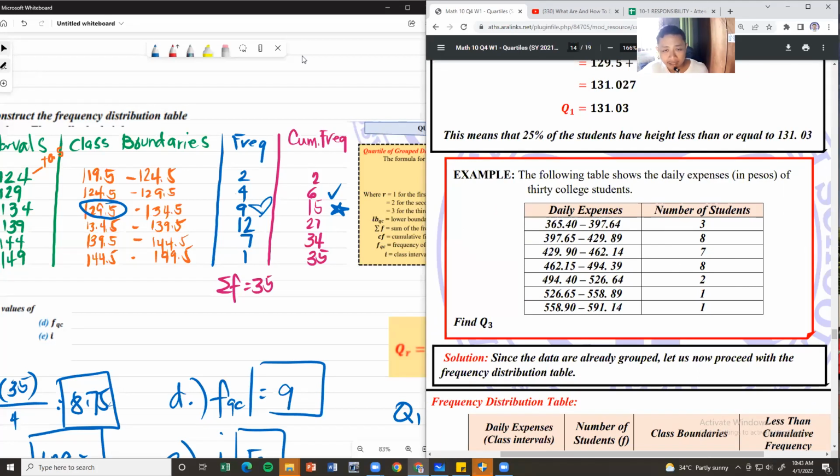Okay? Sir, pwede po bang isa pa kahit 10 lang po or mas smaller? Okay. Paano po yung class boundaries again? Okay.